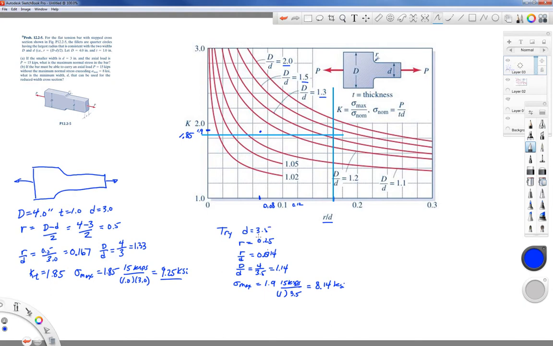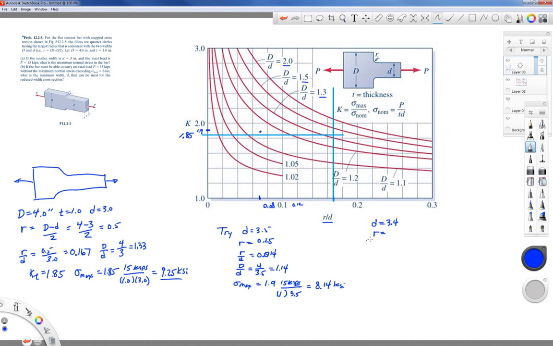So let's try a different dimension for little d. It's a little bit tricky. I'm not sure exactly which way I need to go, if I need to increase it or decrease it. So let's not change it too much. Let's just change it a little bit. Let's try maybe 3.4. If that's 3.4, then little r is going to be 4 minus 3.4 divided by 2.